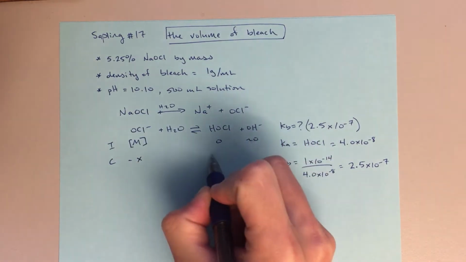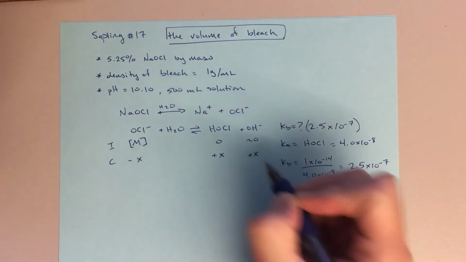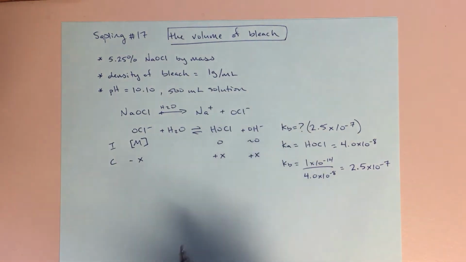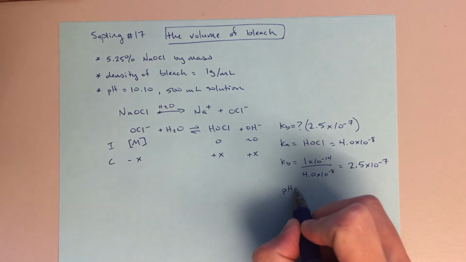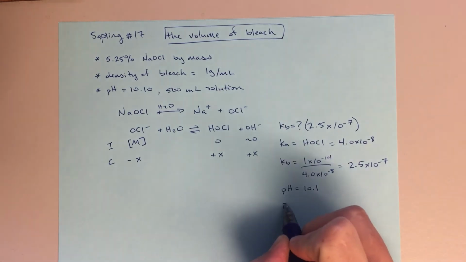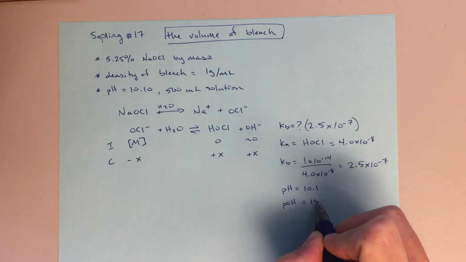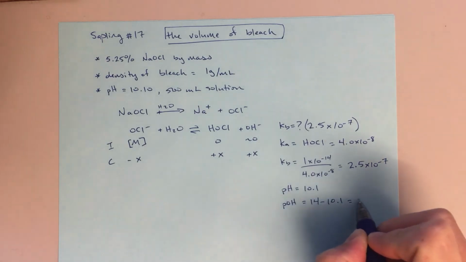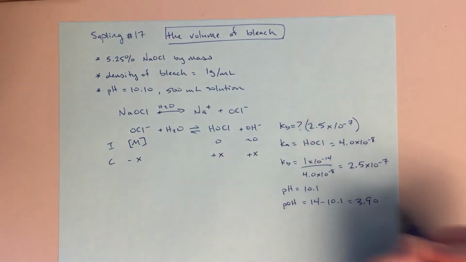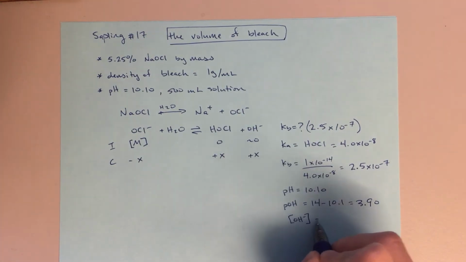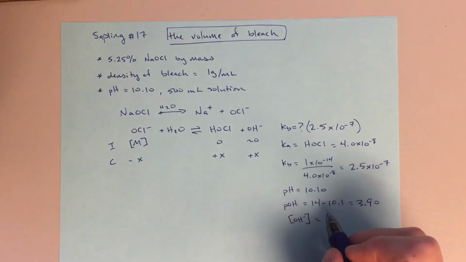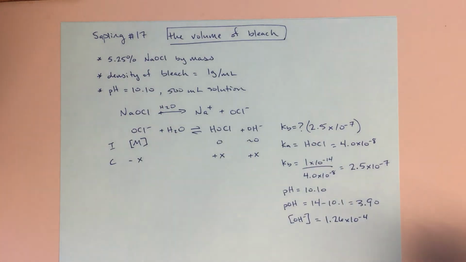If I fill out this ICE table, I know that I can solve for X. The way I would do that, I would say, well, if pH equals 10.1, pOH equals 14 minus 10.1 equals 3.90. And then my concentration of OH- is going to equal 1.26 times 10 to the minus 4, right? And that's going to equal my X value.